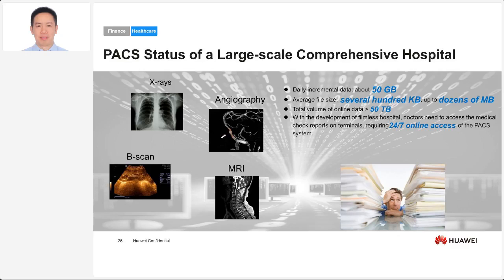Now some hospitals even provide you with a CD for the patients, and some you can access online. So all the data will be centralized and saved in the massive data storage in the hospital now.